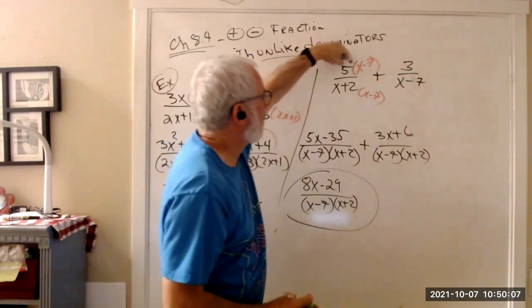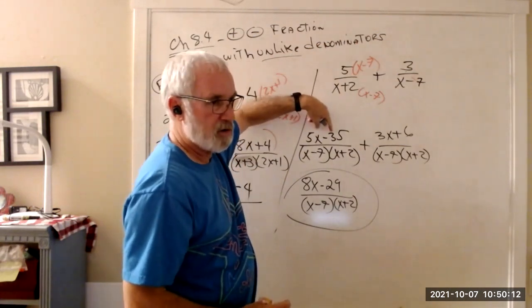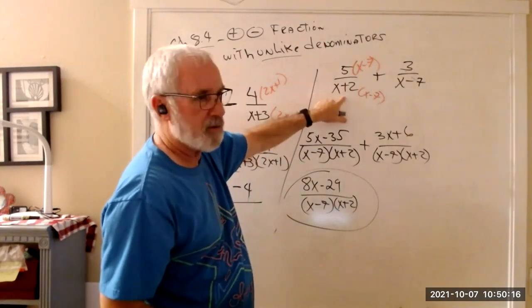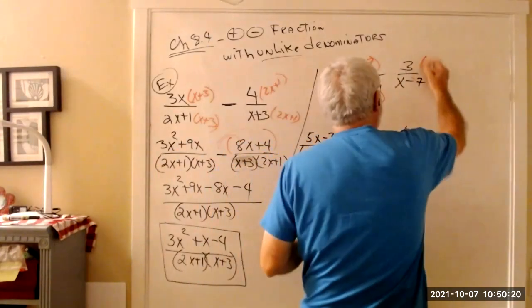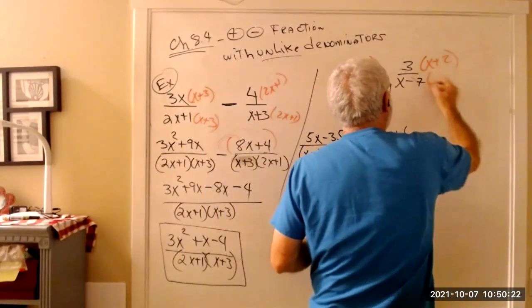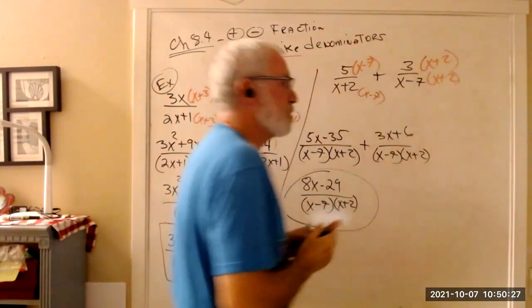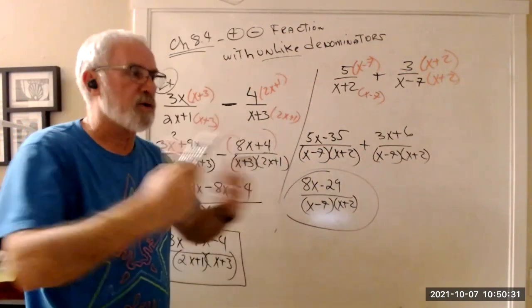So when I go 5 times x minus 7, that's how I got 5x minus 35 here. And then for the other one, you use this denominator to multiply this fraction. So you multiply this one by x plus 2, top and bottom. So you get your visual clue from the other denominator.